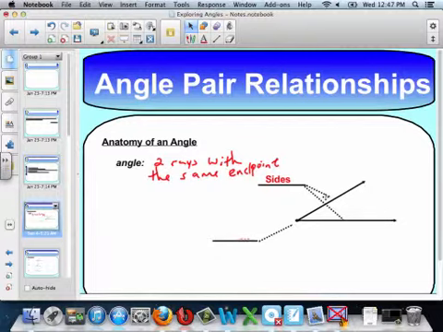I always remember this way because it kind of looks like a V anyway. That's called the vertex. Sometimes I have them where they disappear. Sometimes I actually remove them. Alright, so we have the sides, which are the rays. The vertex is the end point. Okay, it's that sharp corner of the angle.